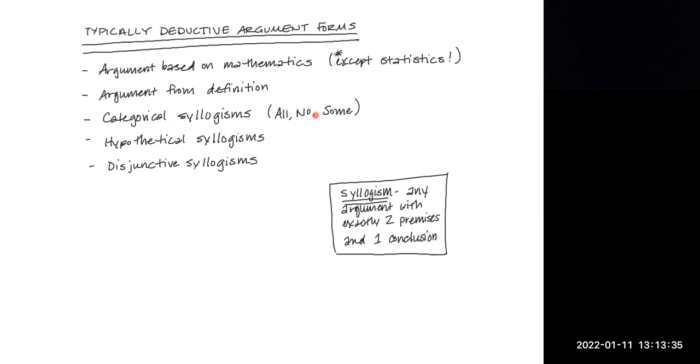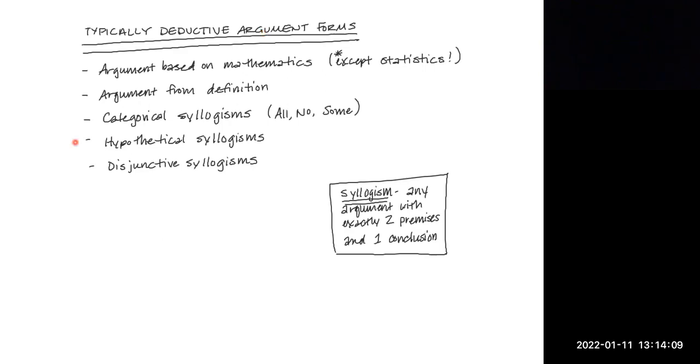So if I said, all ancient forests are sources of wonder, some ancient forests are targets of the timber industry, therefore some sources of wonder are targets of the timber industry, because it's a syllogism, an argument with exactly 2 premises and 1 conclusion, and because each statement starts with all, no, or some, it's a categorical syllogism, and these are nearly always deductive. We will deal with an entire section later on in the semester of categorical syllogisms and how to deal with them, how to use them, how to evaluate them.